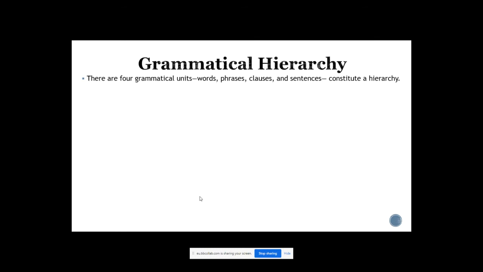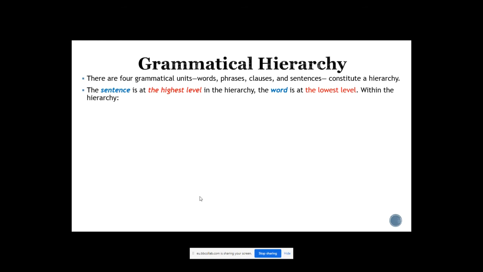So first we said that there are 4 grammatical units: words, phrases, clauses, and sentences, and they all constitute a hierarchy. The sentence is at the highest level in the hierarchy, and the word is at the lowest level.